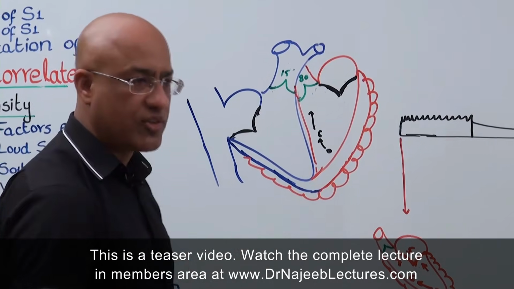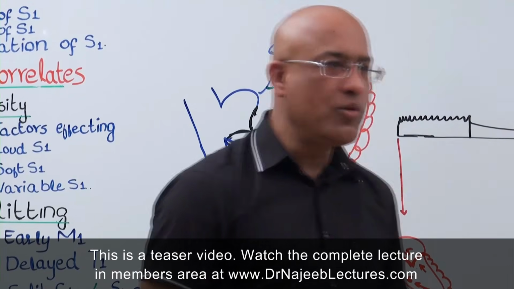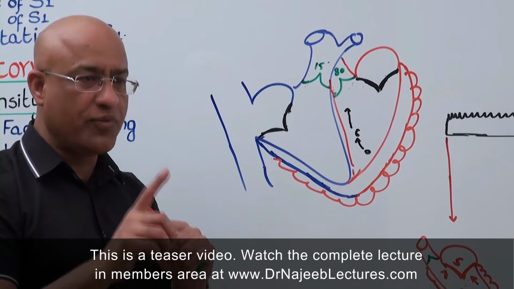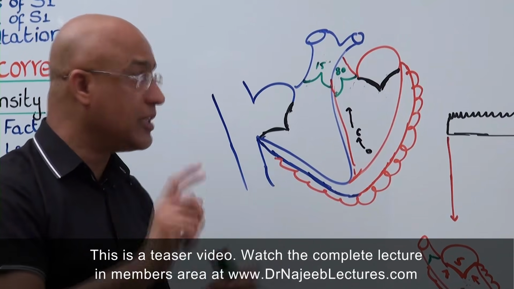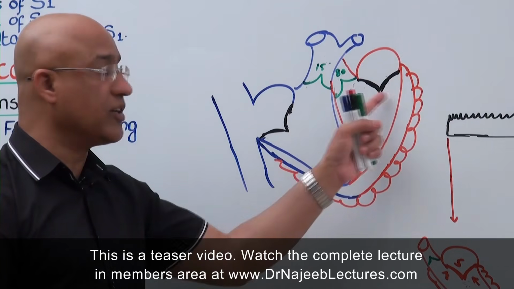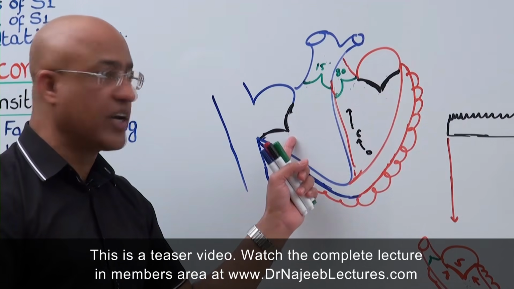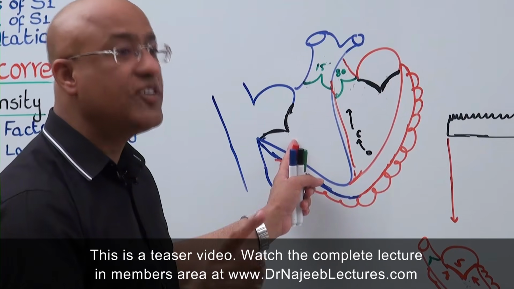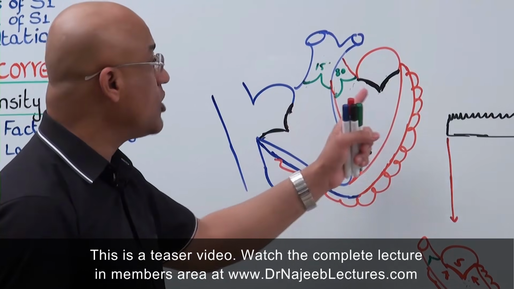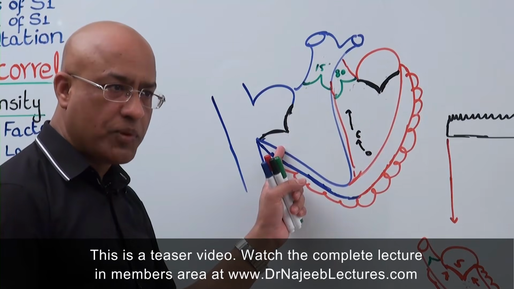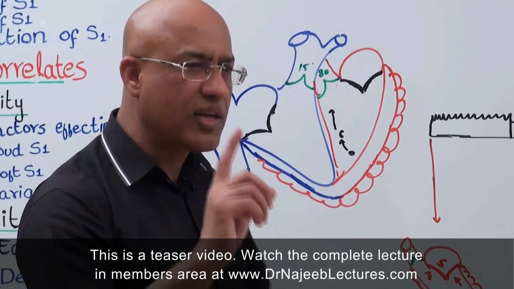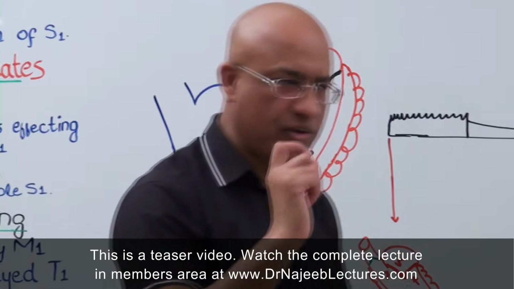This is the old concept. Now we believe the truth is more than this. Even though we say the first heart sound is associated with the closure of the mitral and tricuspid valves, the true mechanism is more than this. Let me explain the exact mechanism of genesis of the first heart sound.